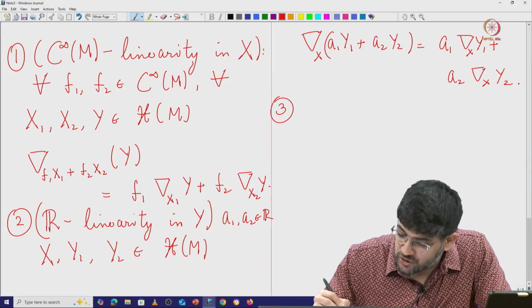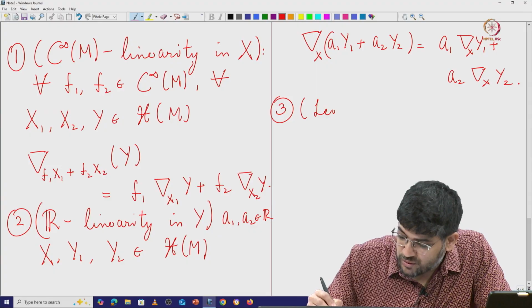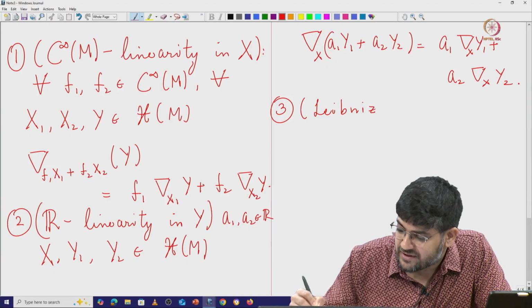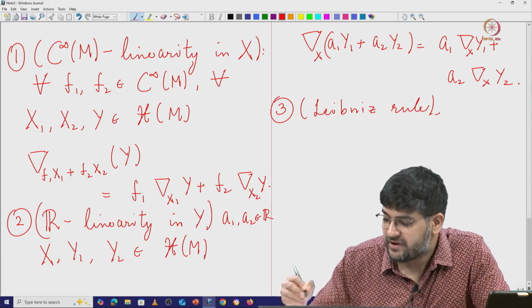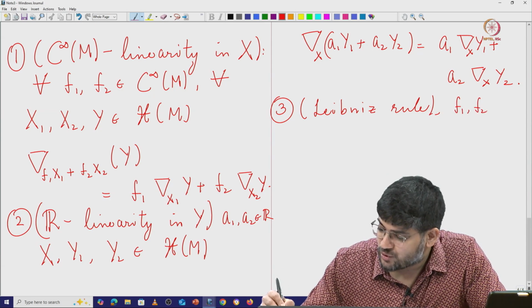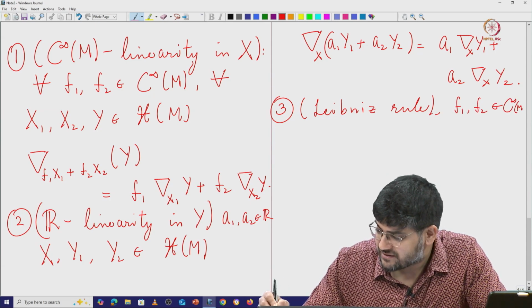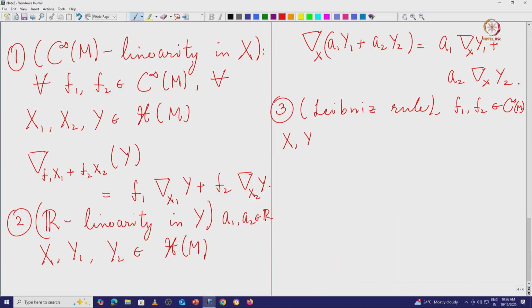And the third and the most crucial property is that you want the following Leibniz or product rule. So if you take f1, f2 again C infinity functions and x, y1, y2 vector fields, then let me just, because I already have linearity, do it with one smooth function.